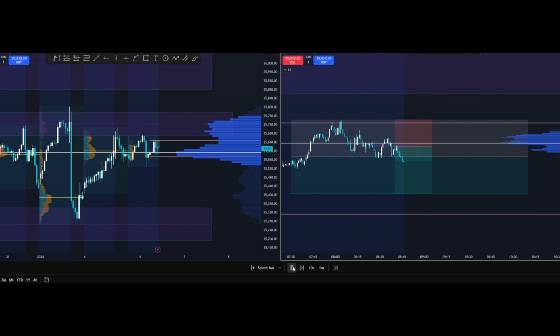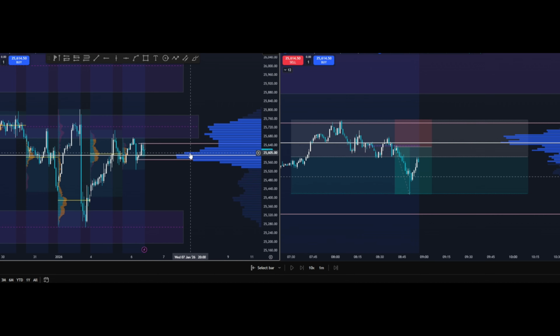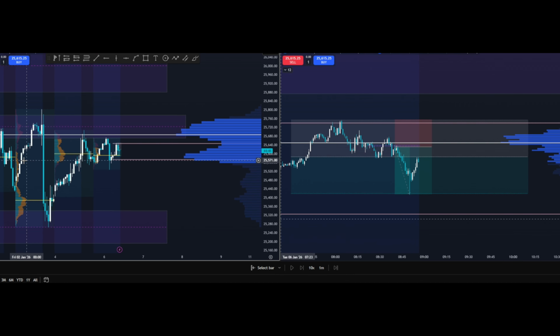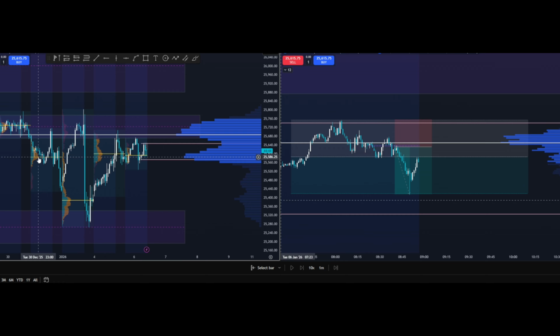Okay, and then you can just let it run, and it literally tapped it, as I mentioned. It literally tapped the volume point of control, and then it respected it. Why? If you look at the left hand side, you can see how heavy the price has been dealing within here. There's one volume point of control, I think this is Tuesday, this is yesterday.